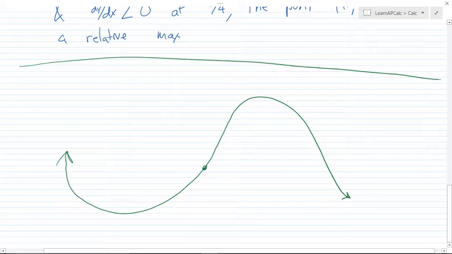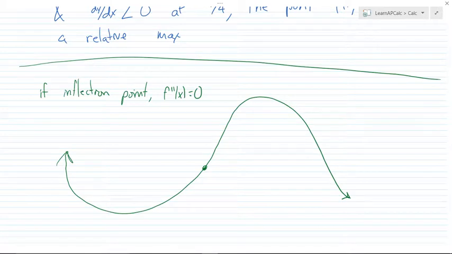Alright, so I sort of mentioned that if inflection point... Alright, I want to sort of walk through why an inflection point makes the second derivative equal to 0.